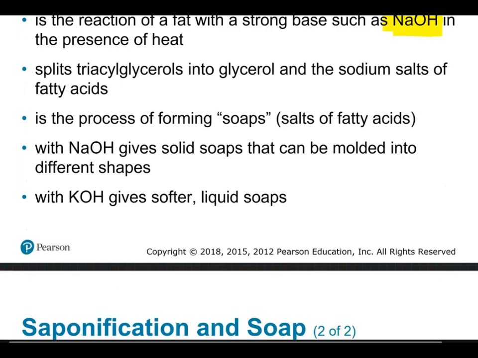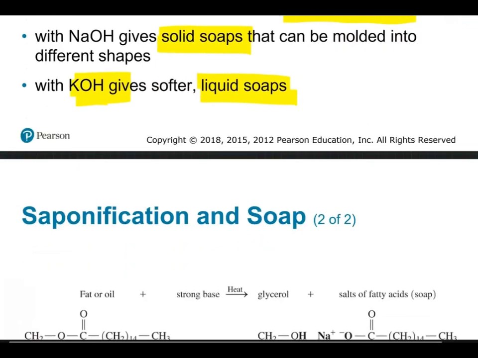So instead of forming glycerol and fatty acid, what's formed is glycerol and a salt of a fatty acid. The sodium salts of fatty acids result in the formation of solid soaps, and potassium salts of fatty acids are what is used in the liquid soap.